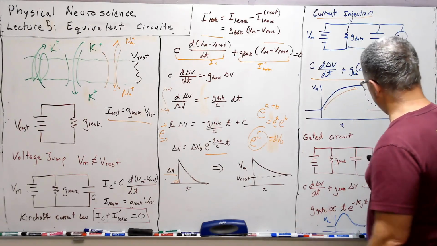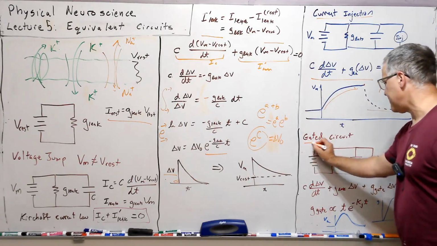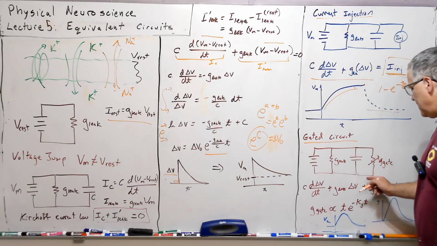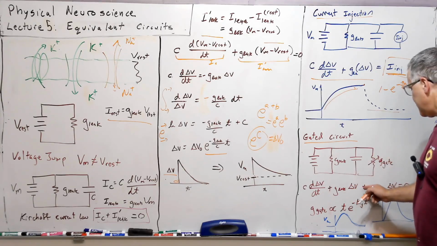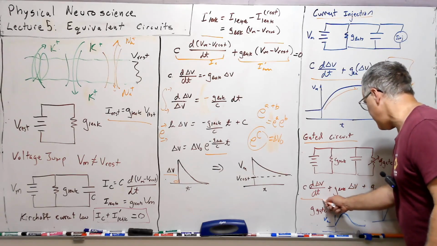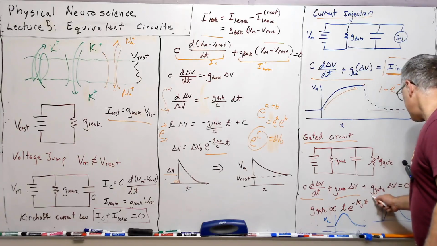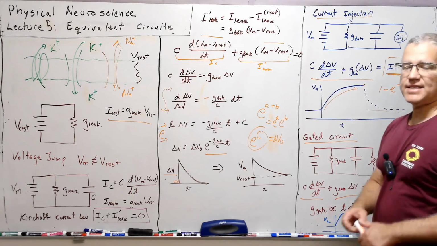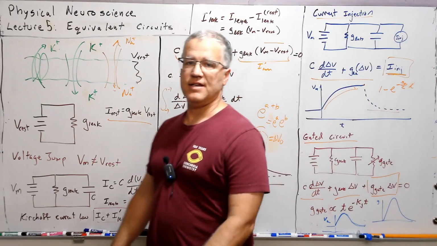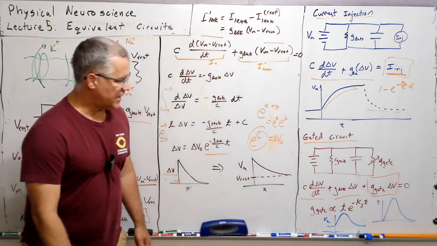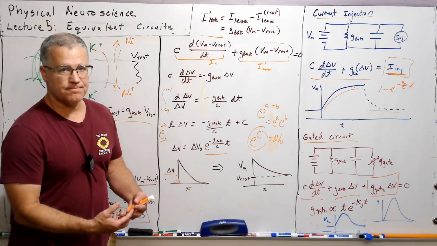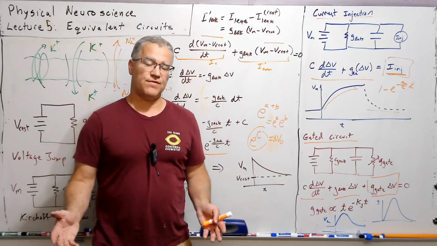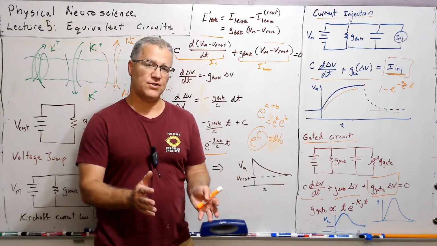So let's write the equivalent circuit for that. This is a gated circuit. And let's write this equation now. So we have this piece, and now we add another gate piece, but the gate is not constant. So it's not like the leak channel. Yes, it's a function of the voltage, and we have to determine when that turns on.